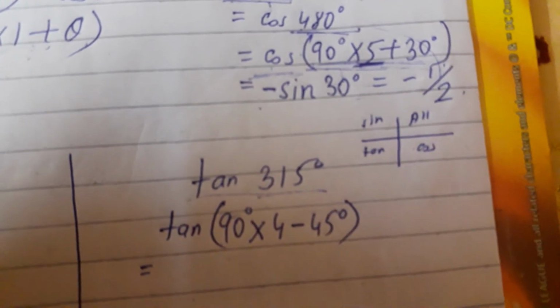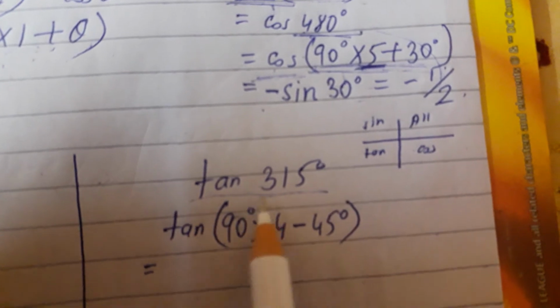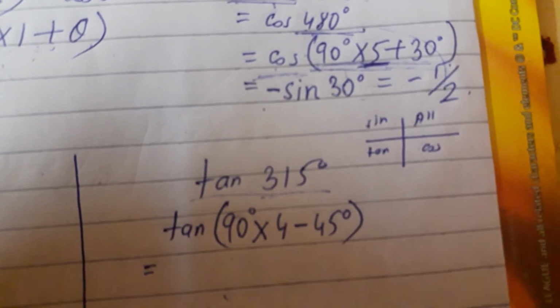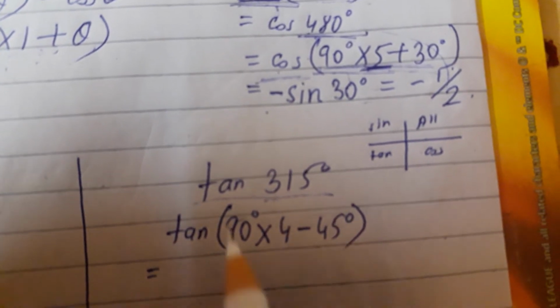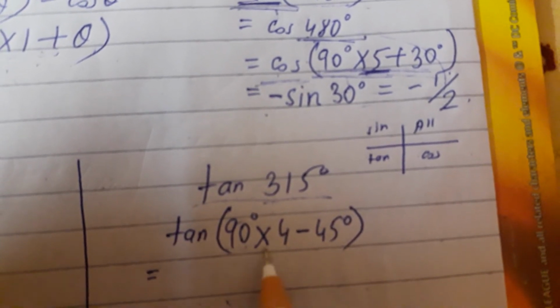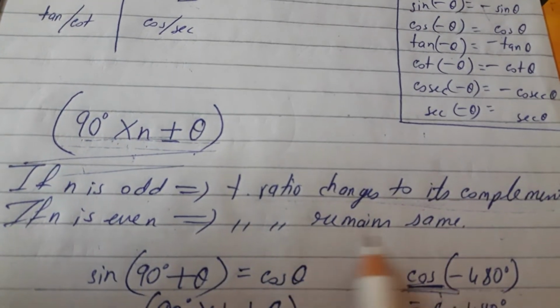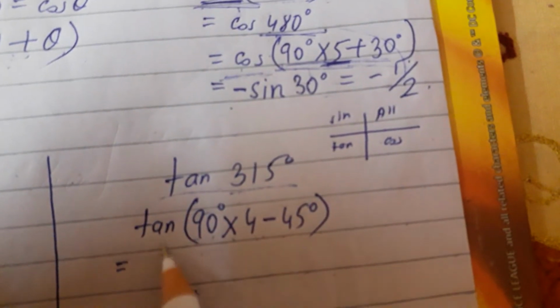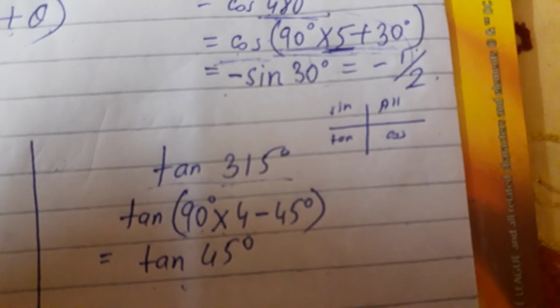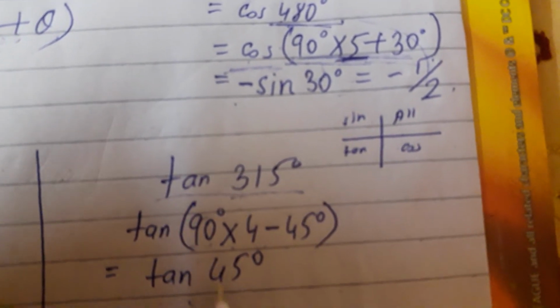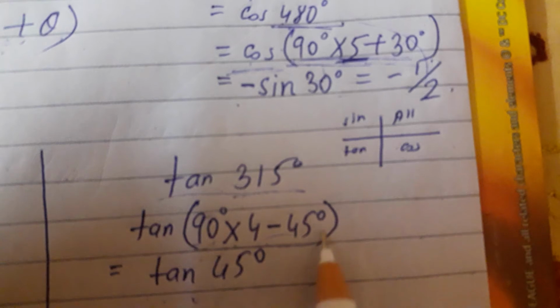Now I have already told you that first you have to expand, then you have to determine the function that you have to write in the answer. Now it is given 90 into 4. You have written 90 into 4, and even means same. So the tan is given to you, and the answer will also be in the tan function, that is tan 45 degree. Now you have to determine the sign. See here, 90 into 4 minus 45 degree.